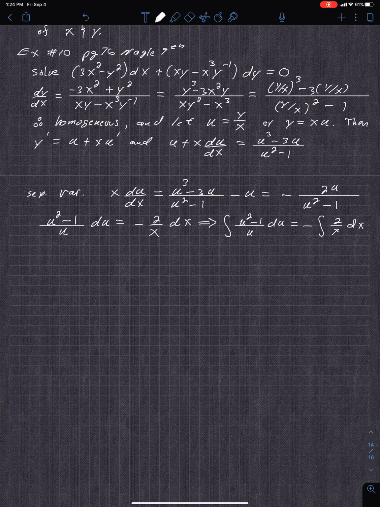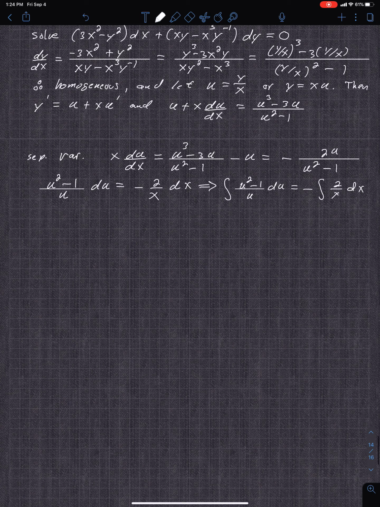You can divide both terms by the u, and you end up getting the integral of u minus 1 over u du equal to negative 2 times the integral of 1 over x dx.